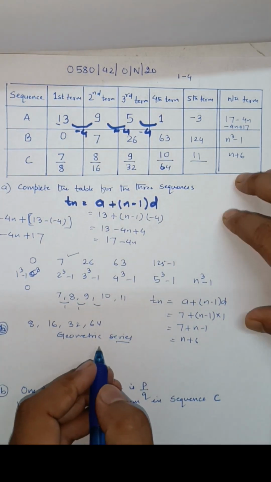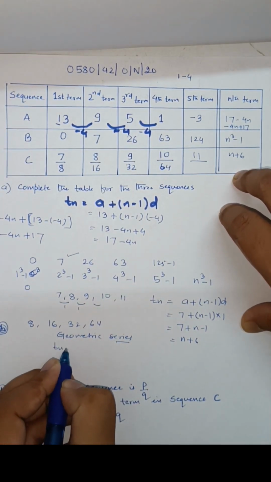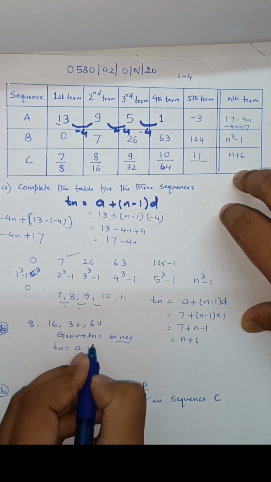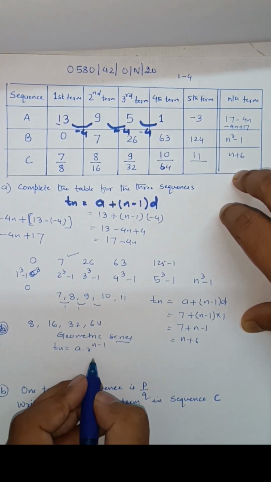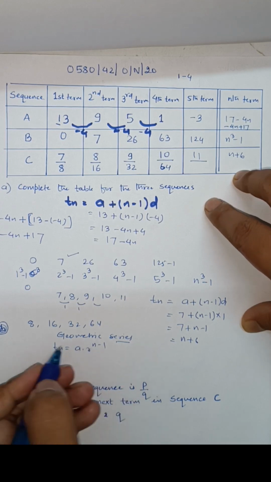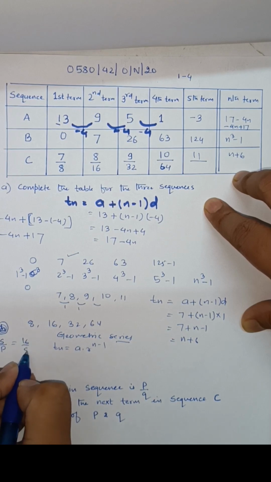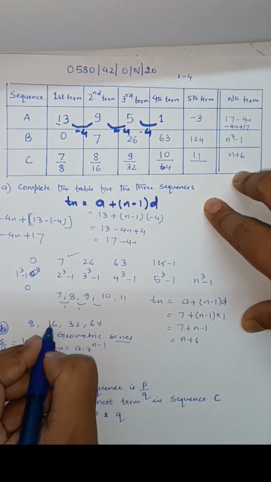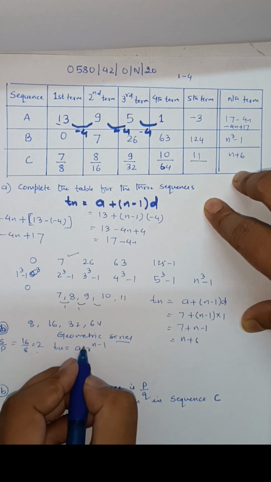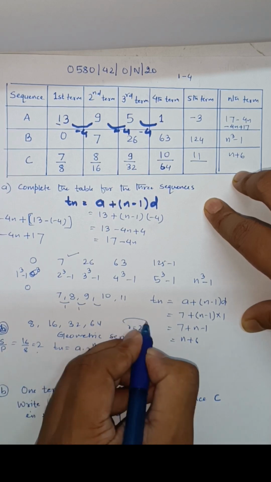For a geometric series, Tn is equal to a into r raised to power n minus 1, where r is nothing but the common ratio. Common ratio is always successive upon preceding. Successive is 16 upon preceding 8, which is going to be 2, 32 upon 16, which is going to be 2. So our r we got, which is 2 in this case.